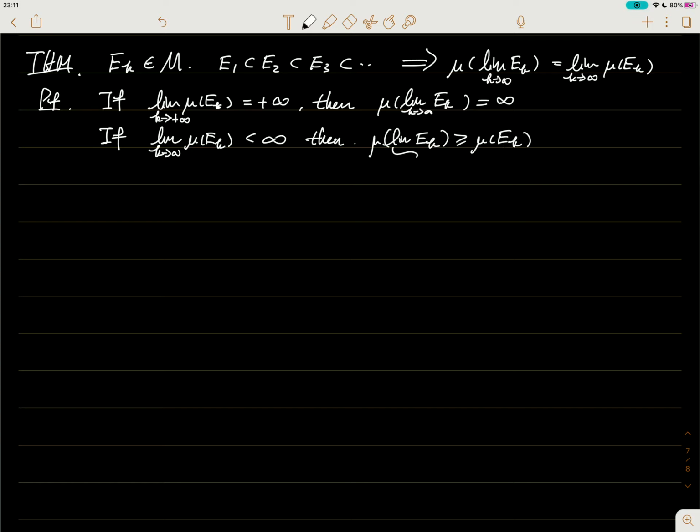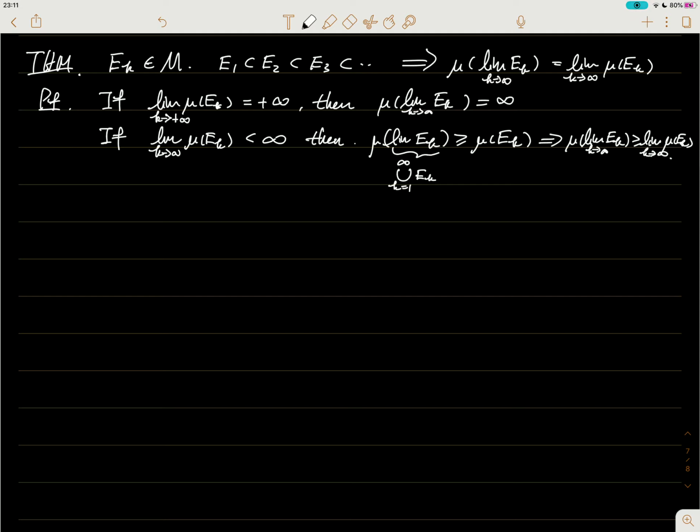The reason is, as we said, it's just the union of the EKs. So it must contain each individual EK. So that's why the right-hand side must be less than or equal to the left-hand side. And then this also implies that this is bigger than the limit of mu EK.